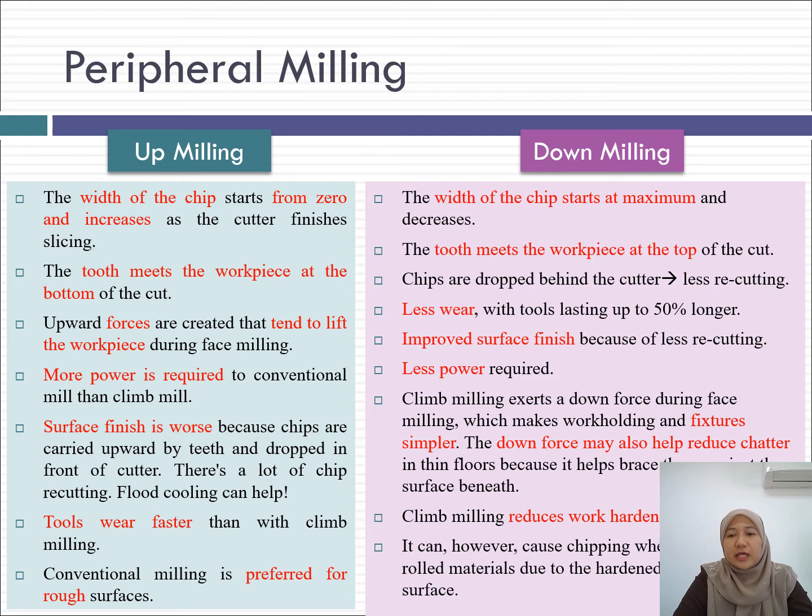The down force may also help to reduce chatter. Chatter is vibration in thin floors, and the down force helps to brace the workpiece. So due to the down force, fixtures are simpler and it helps reduce chatter and vibration in the work table. Climb milling reduces work hardening, and it causes chipping due to the hardened surface.